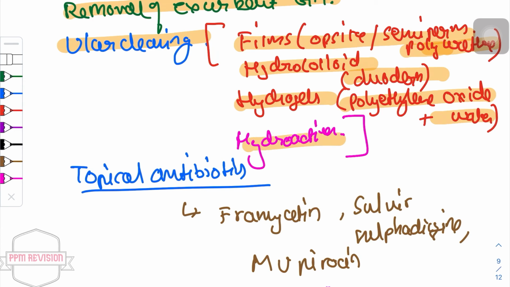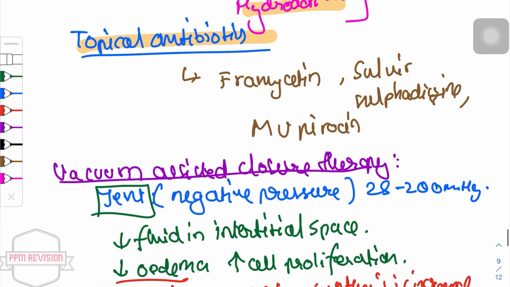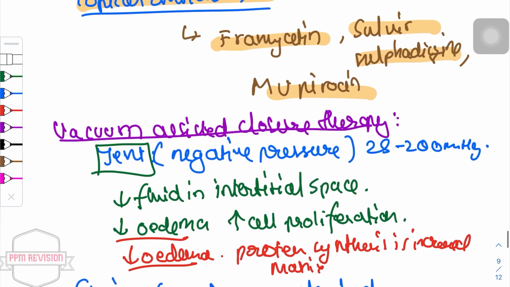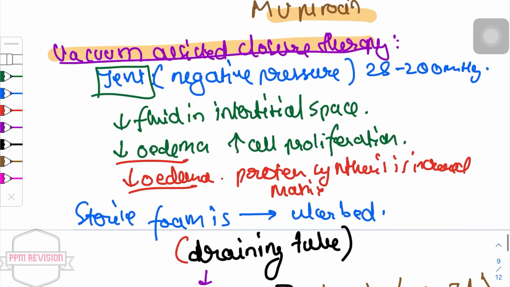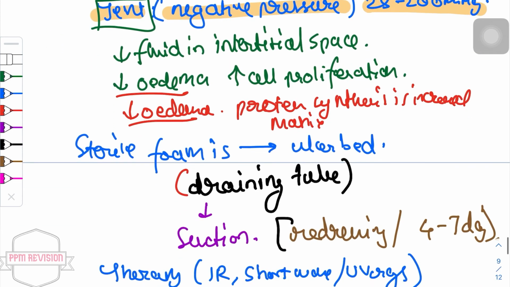Next we have the topical antibiotics. Under this there is framycetin, silver sulfadiazine, as well as mupirocin. Then there is the concept of vacuum assisted closure therapy, where a tent and negative pressure are used, and the pressure maintained is 25 to 200 mmHg.